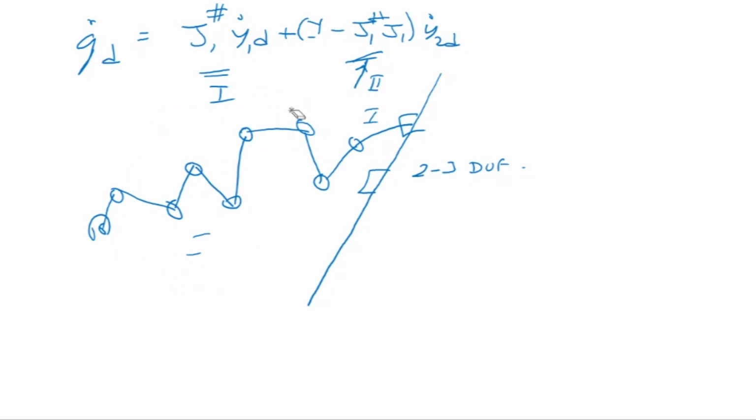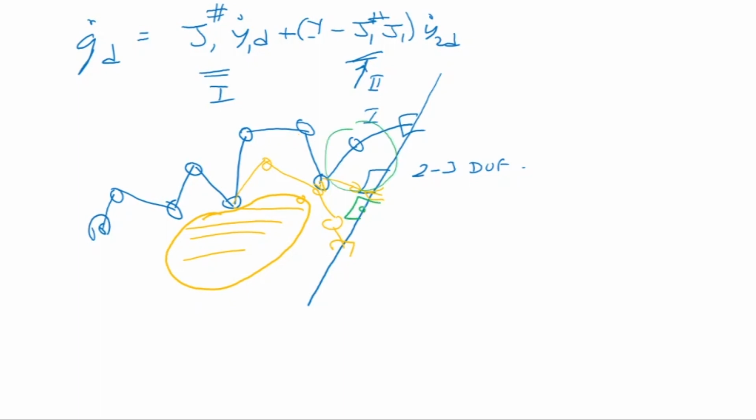For example, let me take a better example. A better example would be, suppose there is an obstacle. There's an obstacle here like this. Okay, so when the arm is coming down, you can imagine this, the arm is coming down, okay, here and here. Now the arm has to come down further. If the arm tries to come down from here, if this link and this link comes down, both of them, there's a chance it will hit this now. Okay, so what it can do is it is going to use the degrees of freedom here to position the end effector on that line, but it will use the other degrees of freedom to have a posture such that, like this, like this, like this, and like this now, so that it is avoiding the obstacle now.